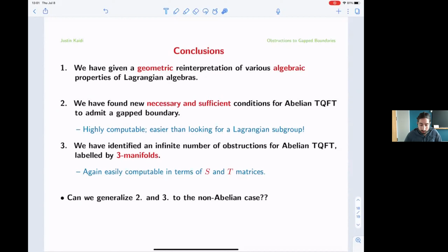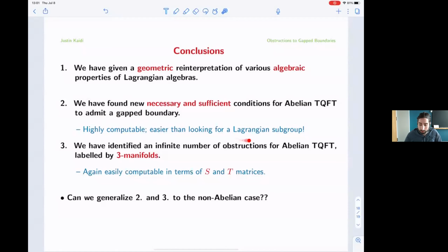Here things were applicable to both the Abelian and non-Abelian cases alike. And then in the second part of the talk, we discussed some new necessary and sufficient conditions. They don't give us any more or any less than the Lagrangian subgroup condition. But in any case, we found new necessary and sufficient conditions for Abelian TQFT. And the virtue of these things was that they were highly computable.